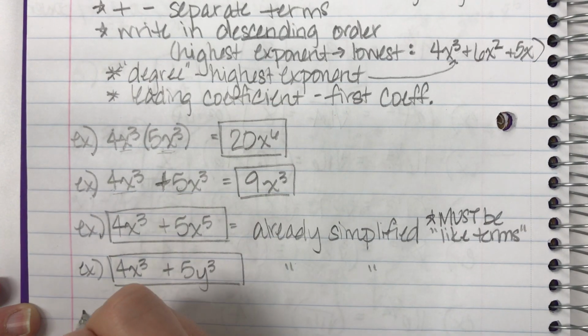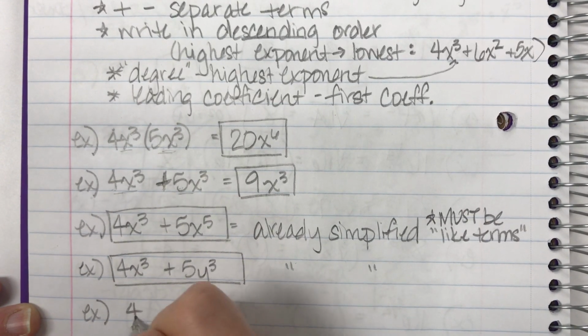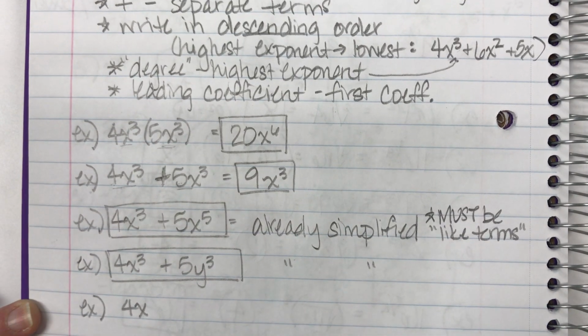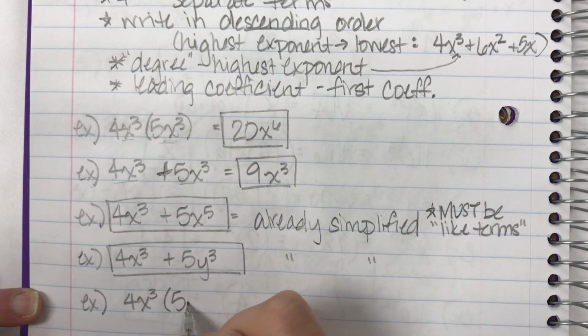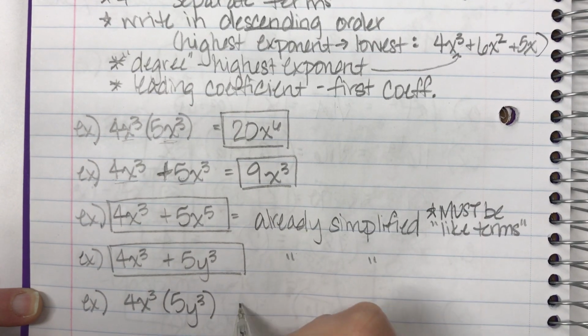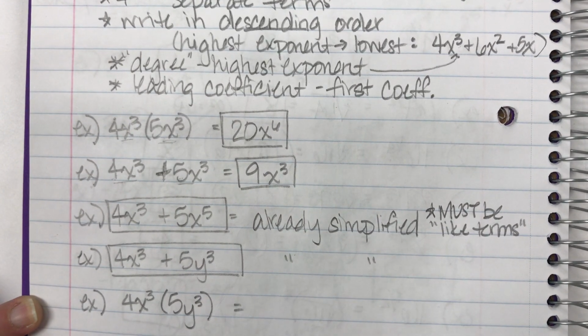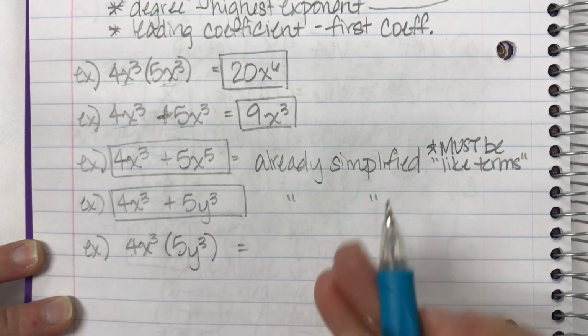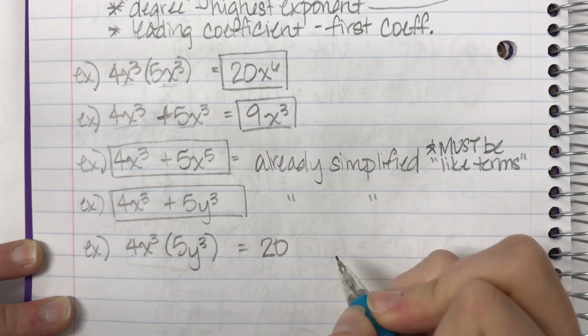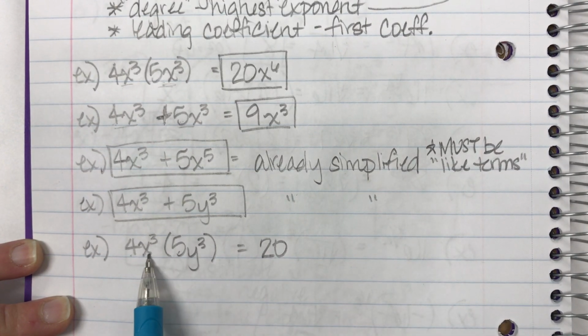However, just so that we see a very clear difference between these, if I have 4x to the 3rd times 5y to the 3rd, you are allowed to multiply them together. So you multiply the coefficients to get 20, and then these I can't combine because they're 2 different letters.